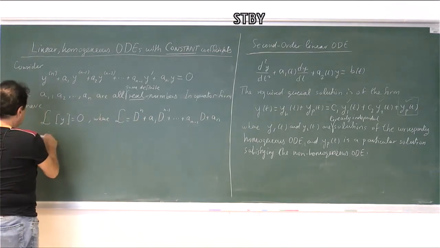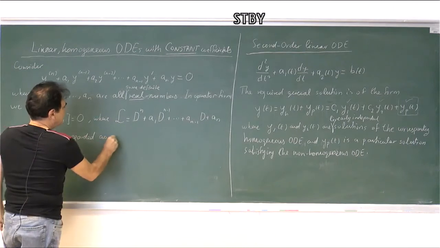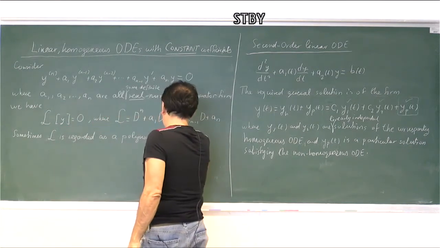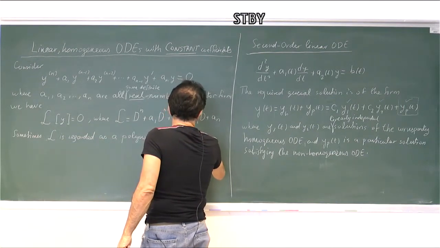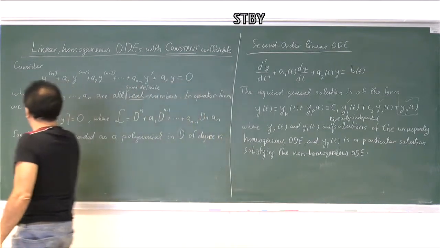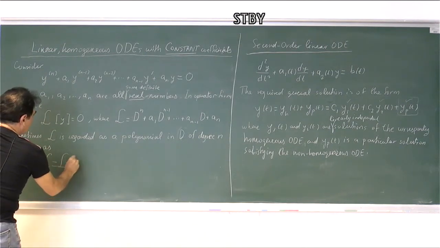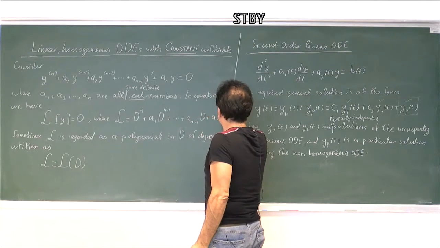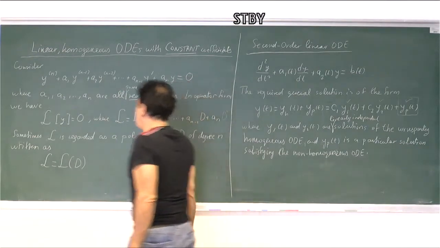So sometimes L is regarded as a polynomial in D of degree n, written as L of D. Actually, formally, the last term is a_n times D^0, which is the identity operator or unit operator.